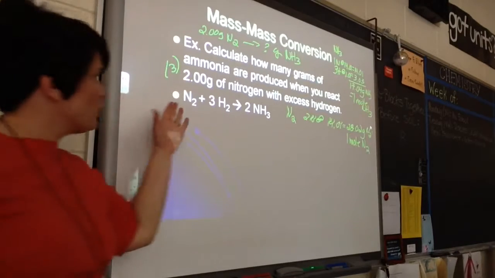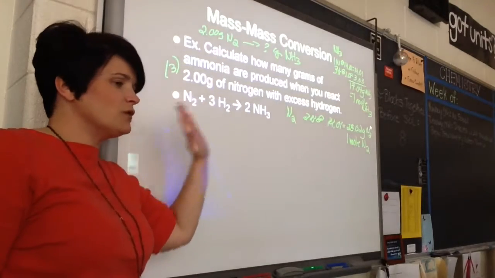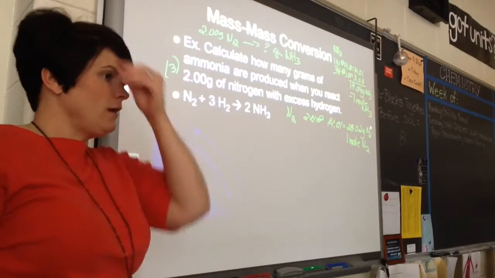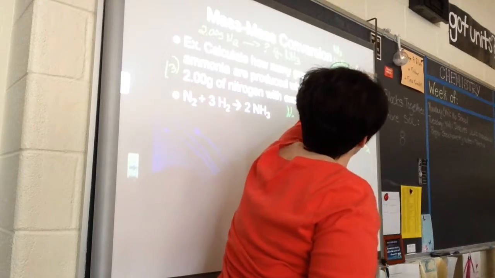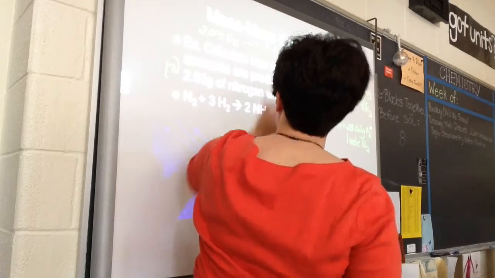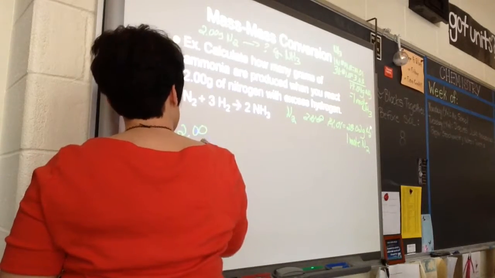I'm only going to use what's in front of here, in front of here, in front of here. I'm only going to use those one time ever. Okay? Now, let's set up our problem. We got our molar mass for this thing, our molar mass for that thing. That's good. 2.00 grams nitrogen. This is our start.